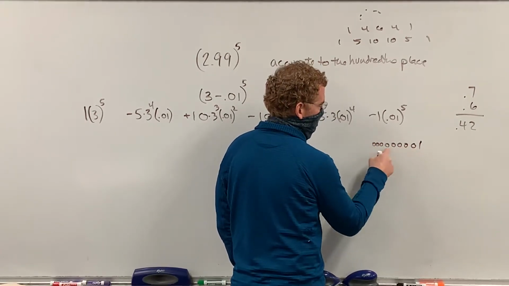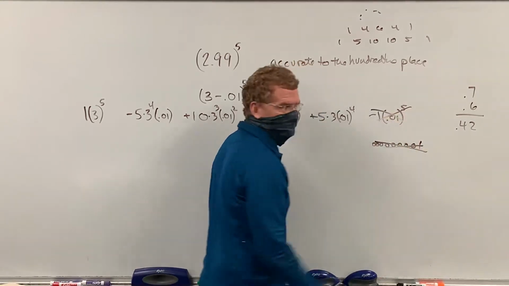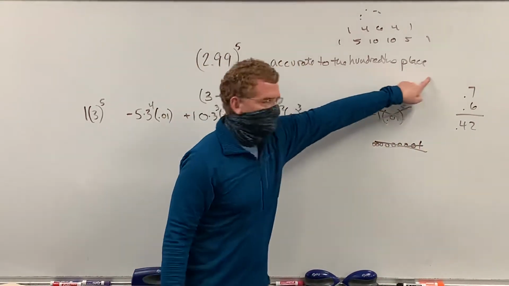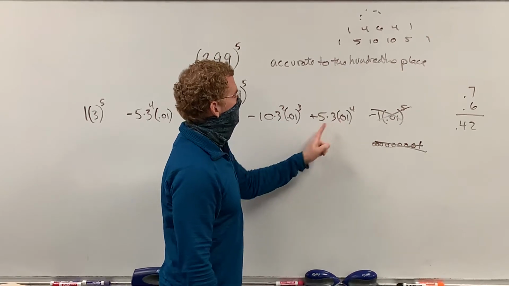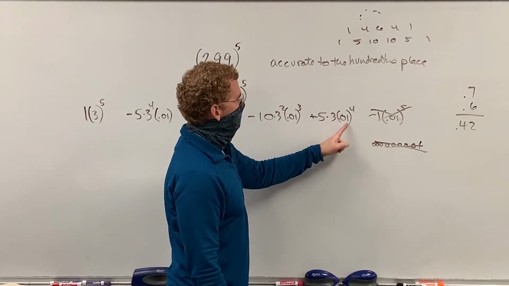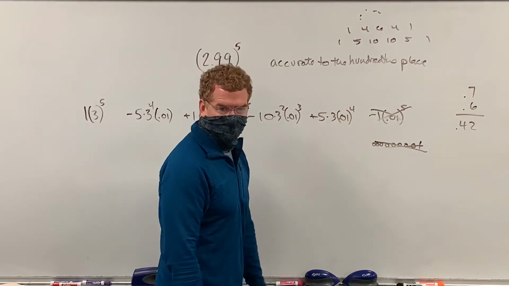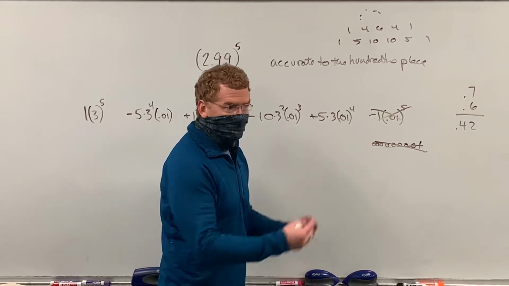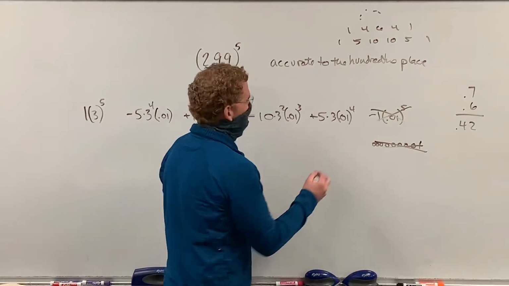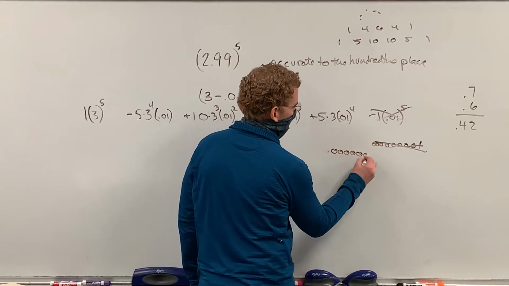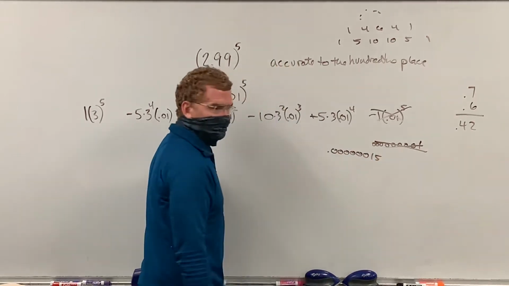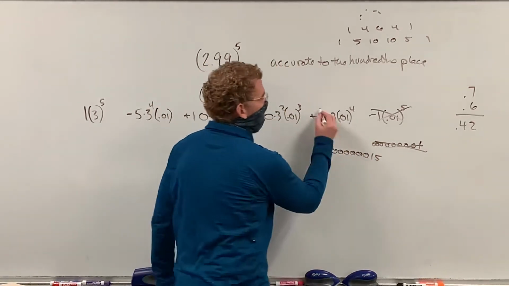You really think I have to worry about this decimal here? 1, 2, 3, 4, 5. I don't have to worry about this. I'm ignoring it because it's not going to affect me. What about this one? This ends up being 15 times 1 is 15, but how many decimal places? I'm moving it 8 decimal places. Isn't that irrelevant?